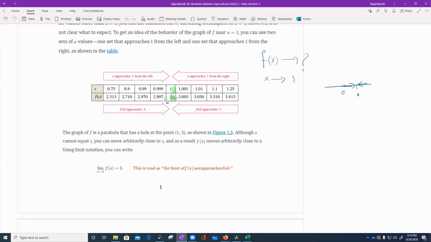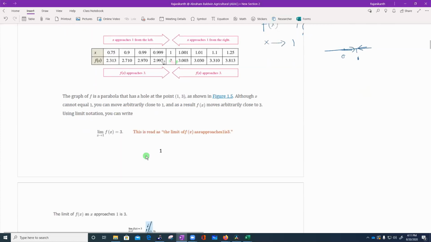The function is getting very close to 3 when you approach 1, because these two numbers are very close to 3. So we simply guess by plugging in the values. The limit value of the function is 3 when x approaches 1. This is the numerical method to find the limit value of a given function.